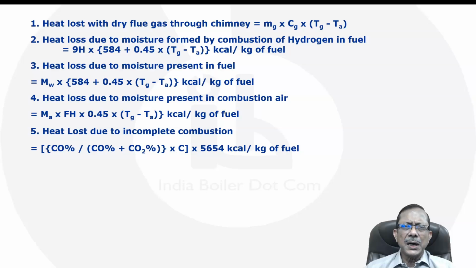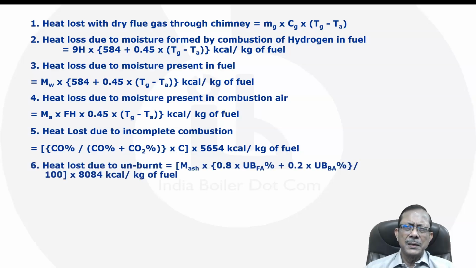The sixth loss is the unburnt losses. Unburned in the ash, it can be unburned in the fly ash as well as bottom ash if we talk about a solid fuel fired boiler.